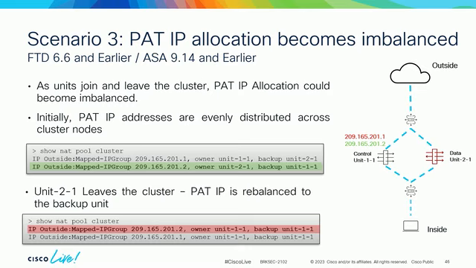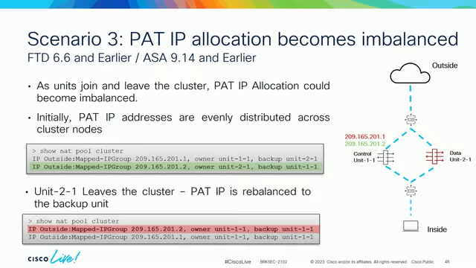And initially, these IP addresses are distributed across the cluster units. Now, if something happens in any of the data units and the data unit leaves the cluster, the IP address that was assigned to that unit will be rebalanced to another unit in the cluster. So this new unit will take ownership of the xlates and will continue processing traffic.